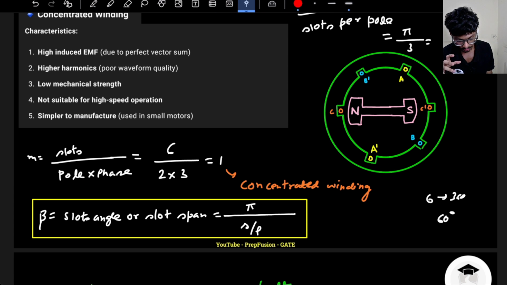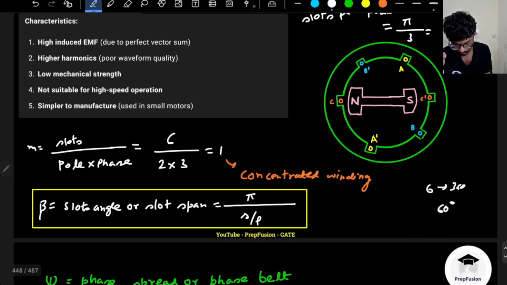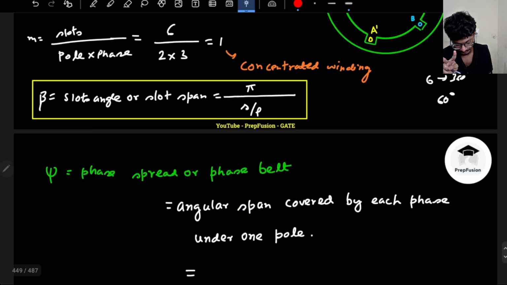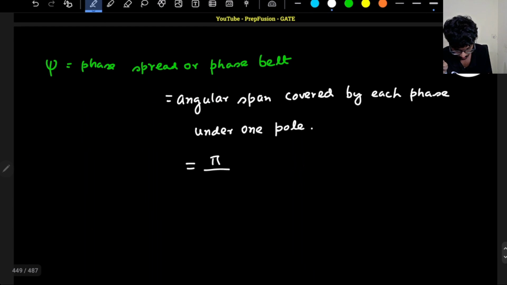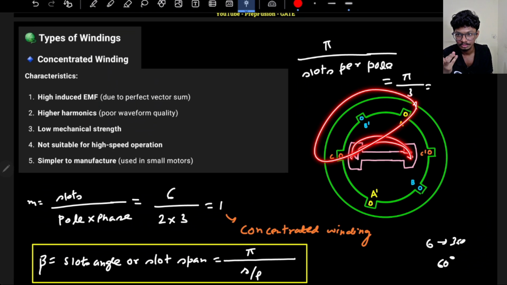So how will I calculate it? How much angle does each pole cover? 180 degrees between each pole, so it is pi. Under each pole I have 3 phases. So how much angle does each phase cover?